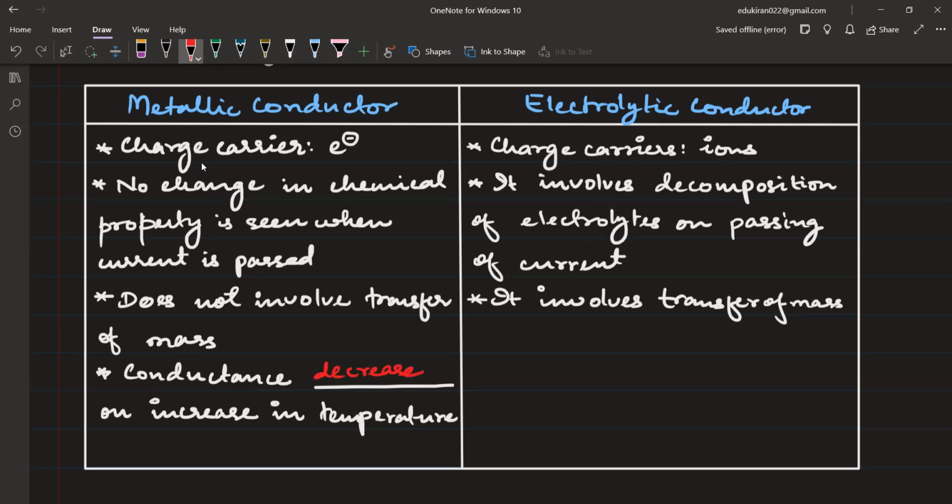Why does it decrease in a metallic conductor? I mean, I don't know. Even if we had remembered it, we have forgotten it. I don't remember actually why it decreases. Do you know more? Rifat, Nawal, Hanifa, anyone? Due to increase in resistance. Why does resistance increase with temperature then? Resistance is the opposite of conductance. Okay, fine.